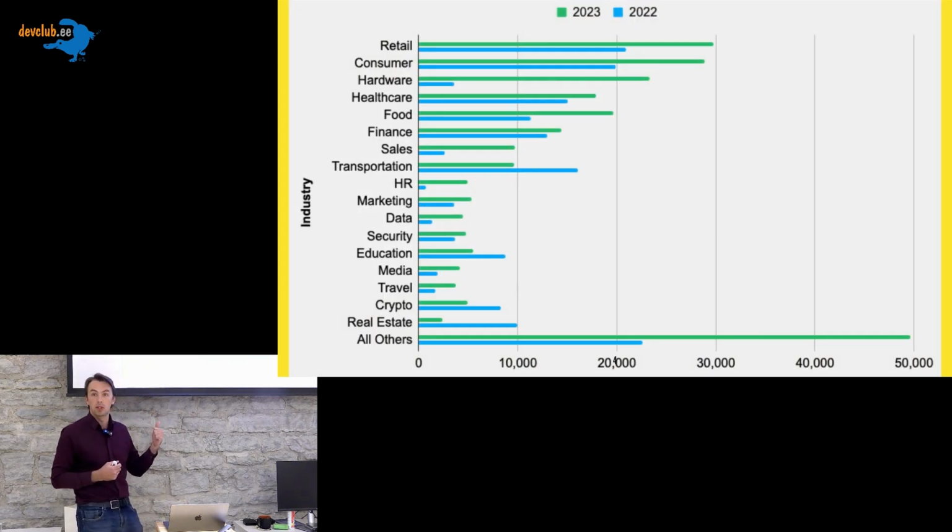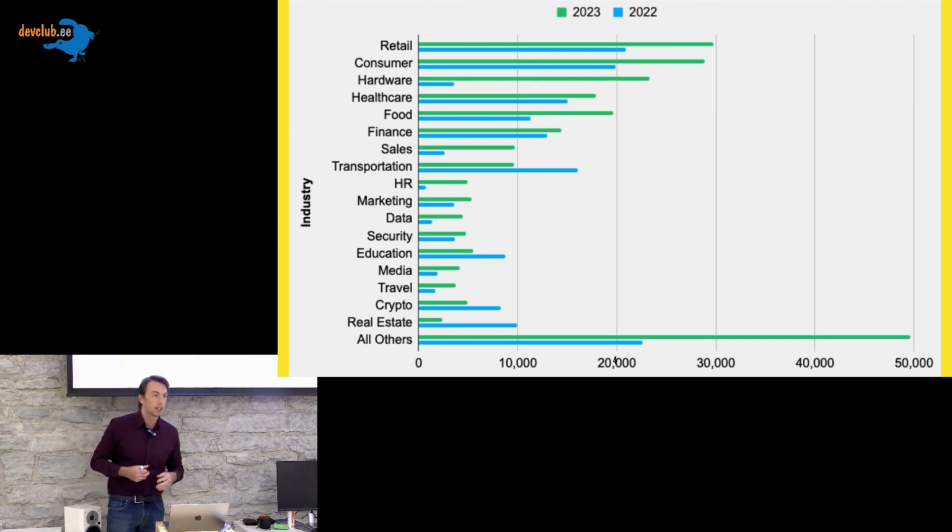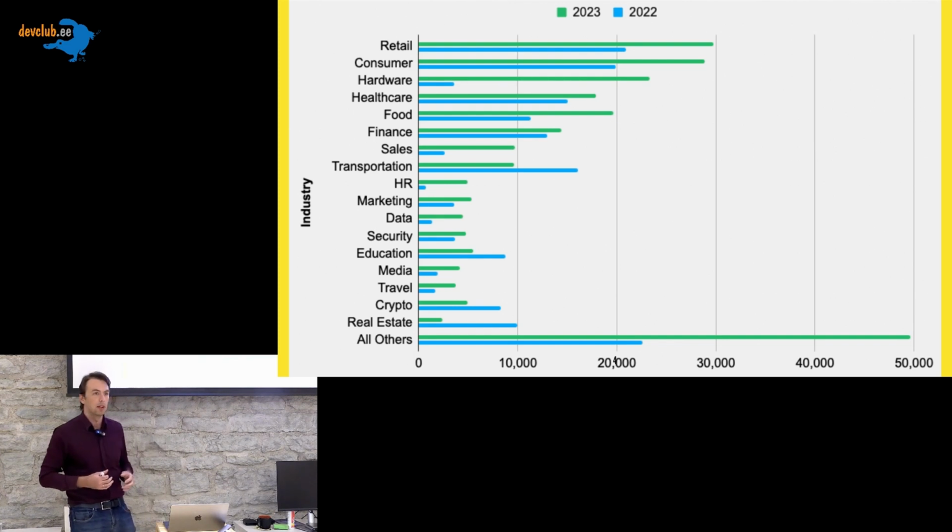Okay, another plot. Does anybody know what this is about? This is company layoffs, from layoffs.fyi. And you can see that people from crypto, from media, from transportation got laid off. Almost 500,000 people lost their job in IT.